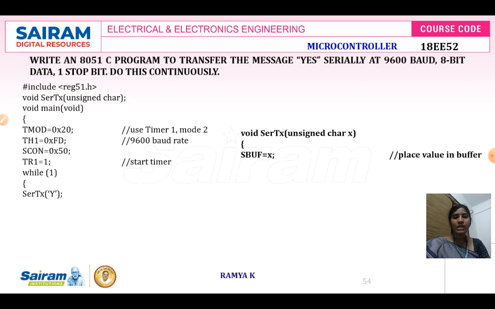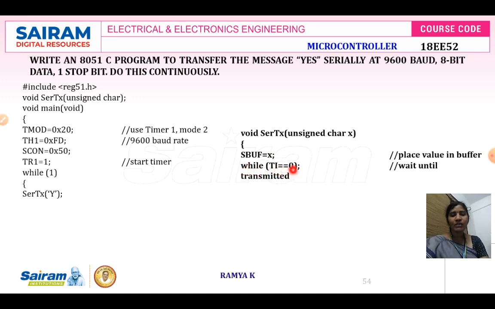First, your SBUF should be loaded with the character Y, which is available as a parameter here. Inside this you have the character, so this will be loaded onto your SBUF register. Once it is loaded, you need to check your transmit interrupt flag.